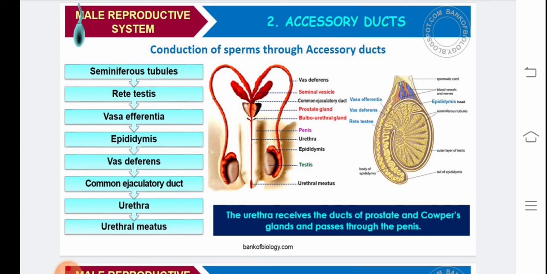From the tubule it then passes into rete testis. From the rete testis it passes into vasa efferentia. Vasa efferentia is connected to the vas deferens through epididymis. Later it joins with common ejaculatory duct and which joins to the urethra.